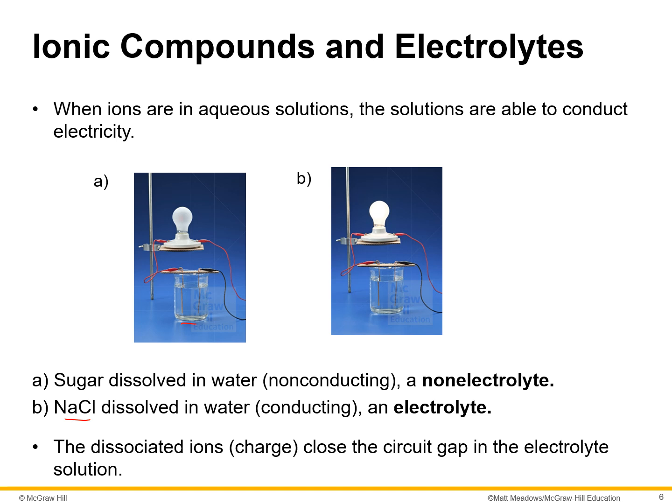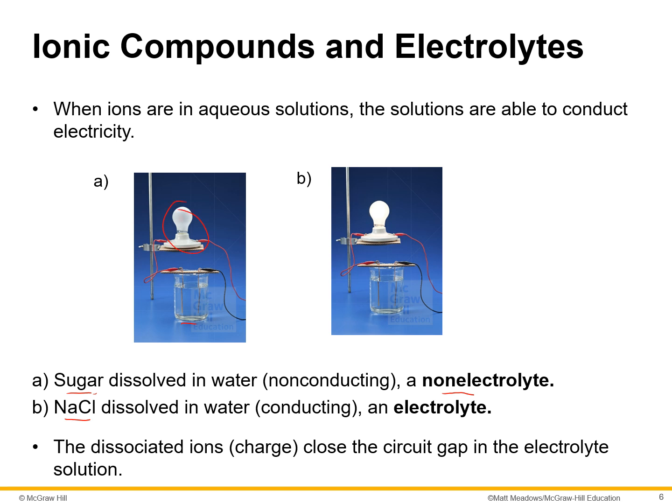However, sugar, which is a covalent compound, is made up of carbon, oxygen, and hydrogens. This is a non-electrolyte. When you put this in water, the carbon and oxygen and hydrogen will stay together. You will not make ions. Hence, you will not get the light shining here.